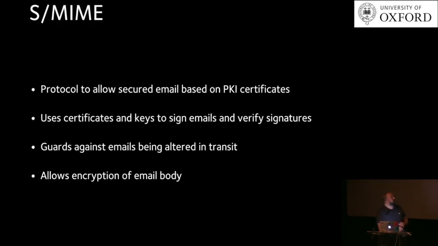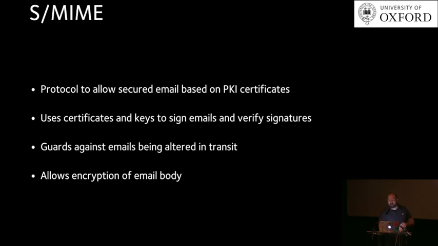Okay, so we start with S-MIME. S-MIME is a protocol which allows to secure email based on PKI cryptography. It uses certificates and keys to sign emails and to verify signatures, and it guards against emails being altered in transit. So it's about integrity of messages as much as the identity of the sender.